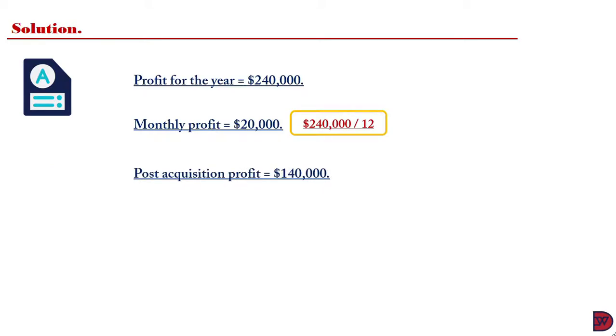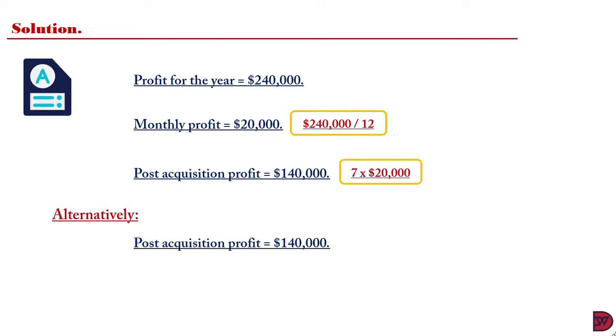The post-acquisition profit will be $140,000, which is the 7 months that the parent has been engaged with the subsidiary. From 1st June to 31st December is 7 months. So you multiply by the monthly profit. Alternatively, we can use a shorter method of striking the 7 months existence with the subsidiary by the total number of months, which is 12, by the $240,000.